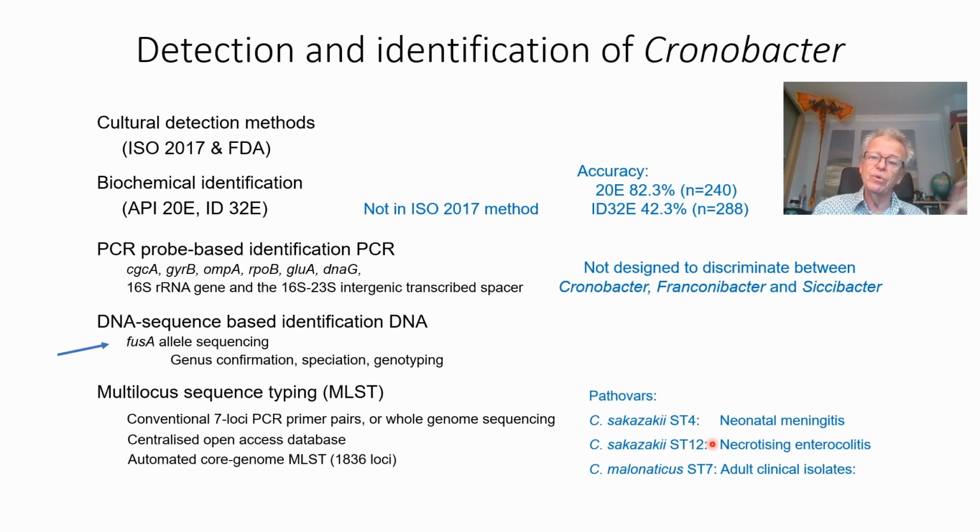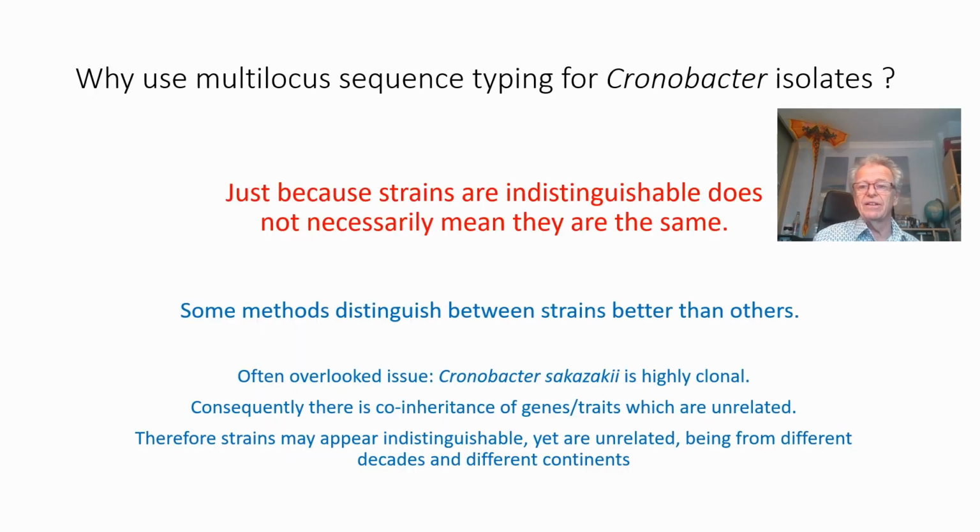ST12 we more find in necrotizing enterocolitis cases, and when we come to the majority of cases, which are in adults, that's primarily Cronobacter malonaticus ST7. So out of all the various varieties of Cronobacter, there are particular ones which we more associate with particular illnesses in humans, and that's all based upon MLST.